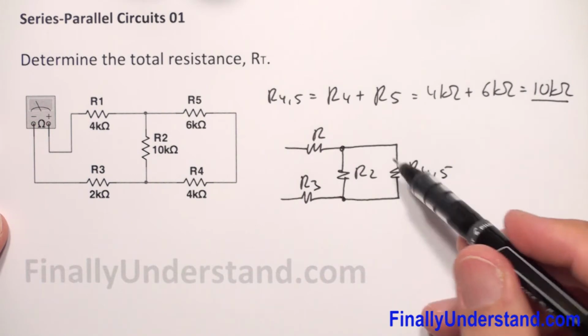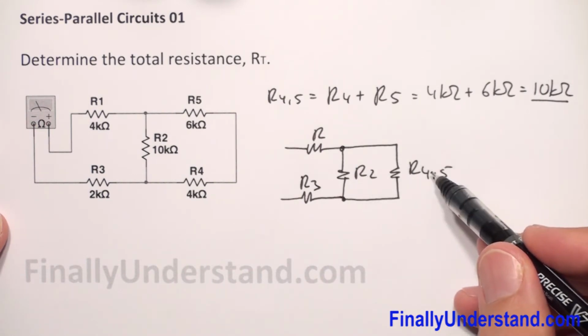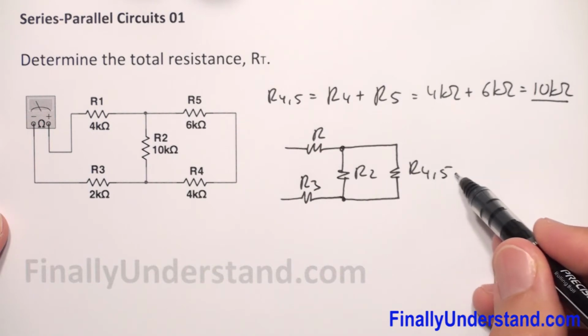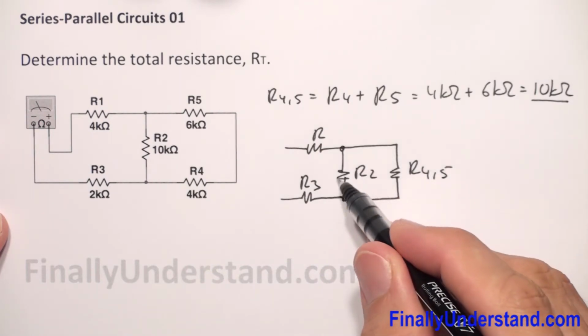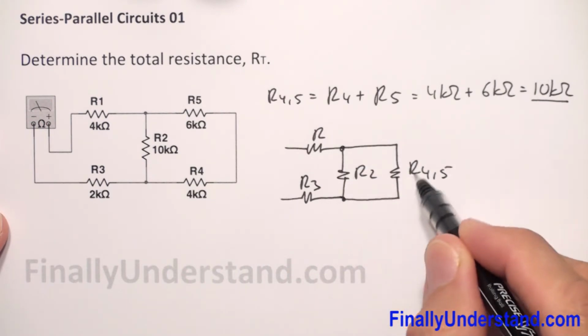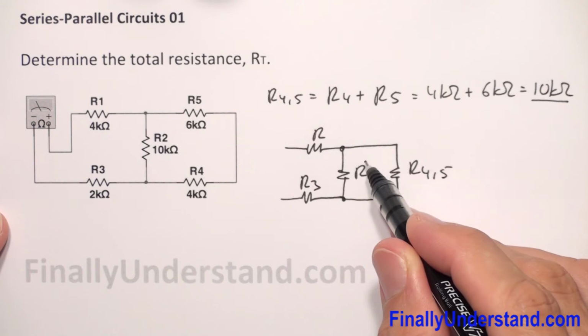Now I can see very clearly that resistor R2 is in parallel with resistor R45. So what I'm going to do right now is use the formula called product over the sum to find the total resistance of these two resistors.